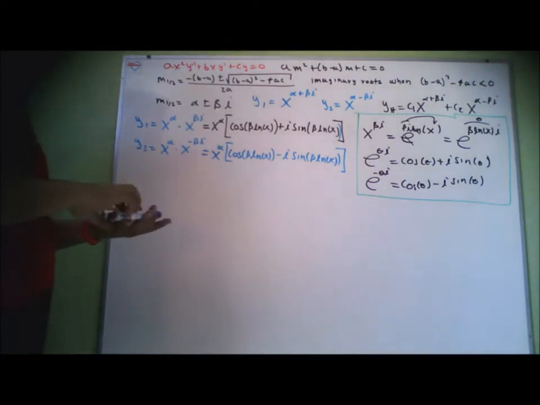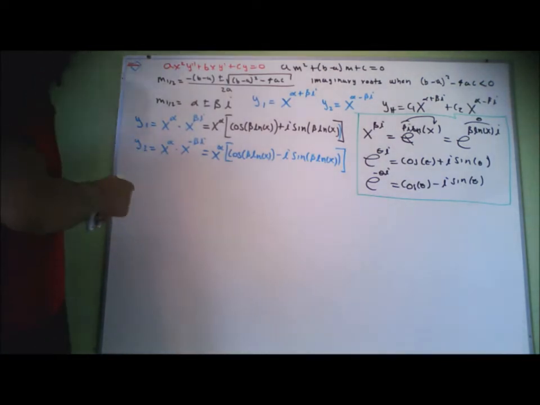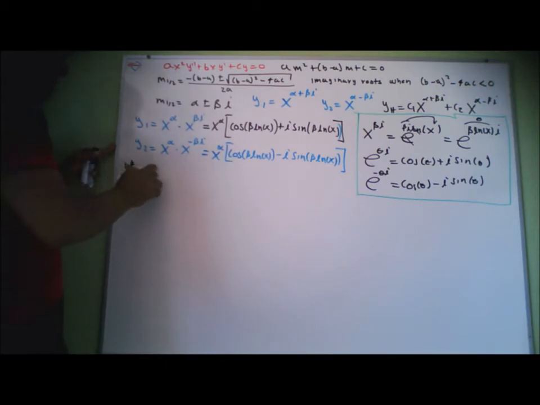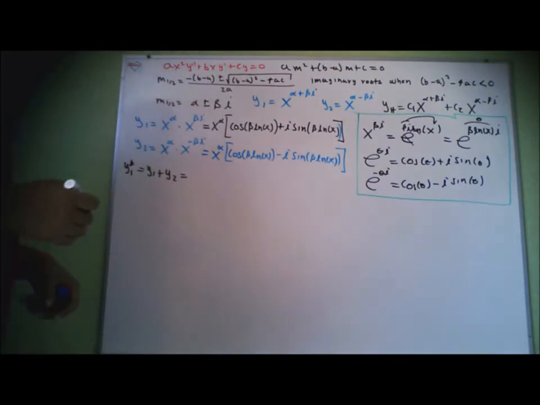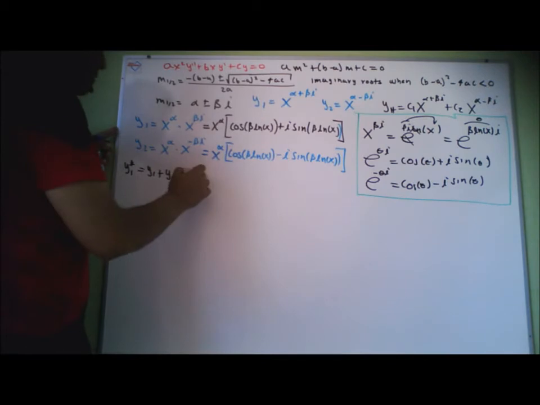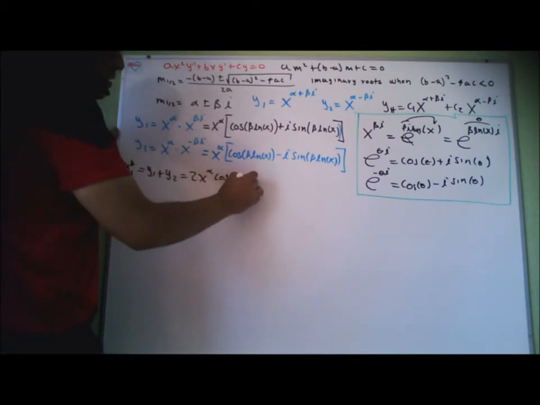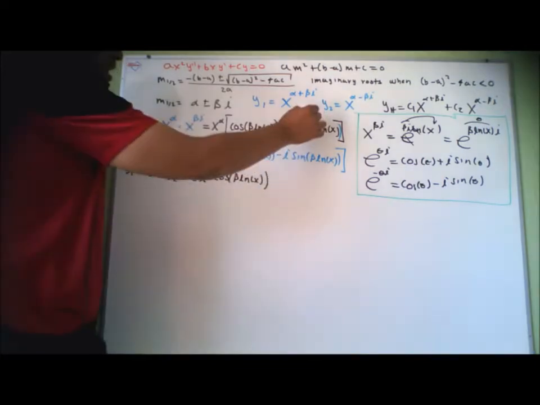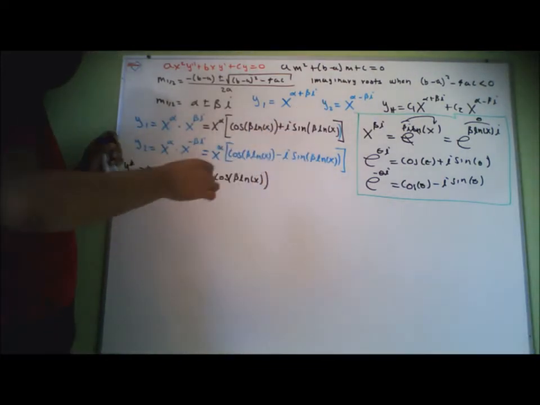What we are going to do right now is make a first solution star with y1 plus y2. So what will happen if we make this plus this? On this side it is going to be 2x to the power of alpha cosine of beta, the natural log of x. But this one, they cancel.